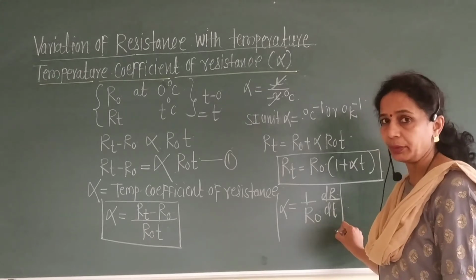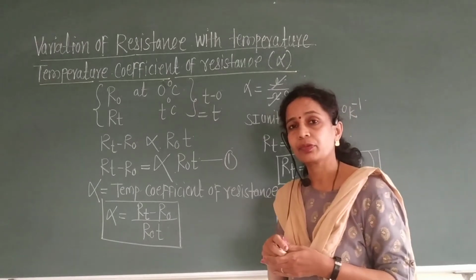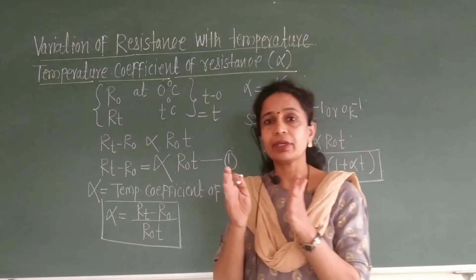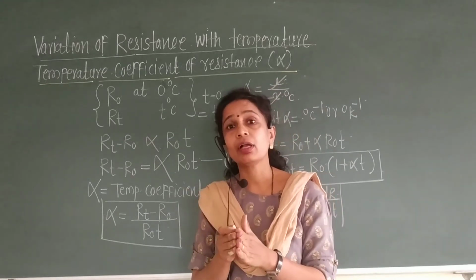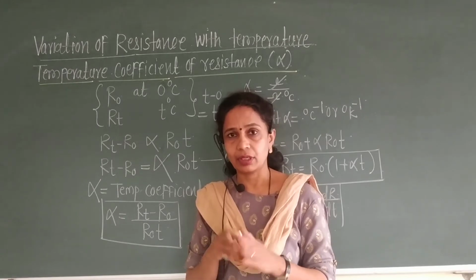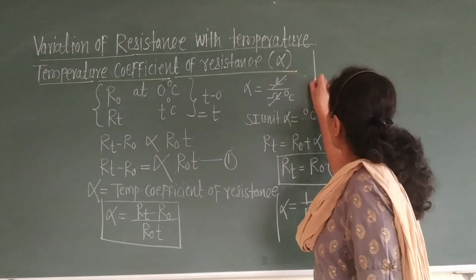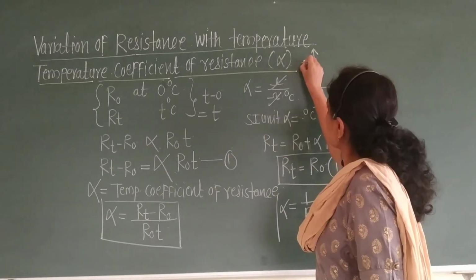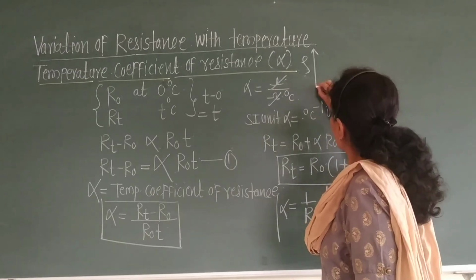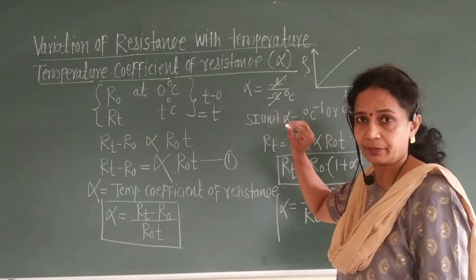This is also important. Then if you plot a graph of resistivity versus temperature, then the graph is linear for high temperatures. Graph is linear means it is directly proportional. The graph will come in this way. Suppose this is the resistivity rho and this is the temperature small t, then the nature of graph is like this for the high temperatures.